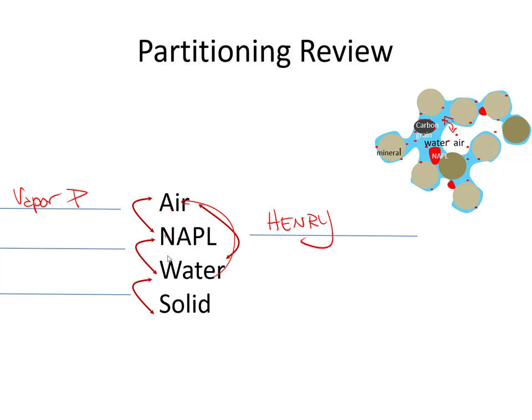And let's see, between NAPL and water, so we've got some NAPL here and water, it's going to create a dissolved phase, and the solubility is what was controlling that. And then what we just saw was partitioning between the contaminants dissolved in water and contaminants sorbed onto the solid. That was this sorption. And for linear sorption, we had Kd, the distribution coefficient.